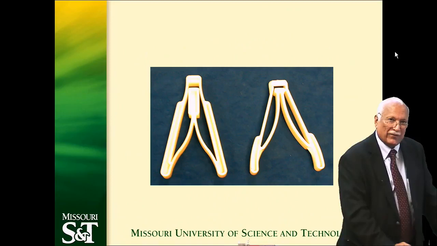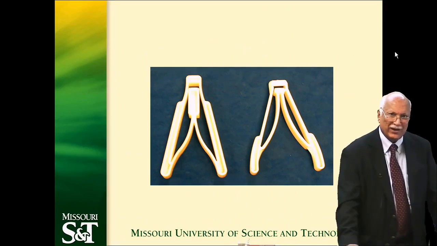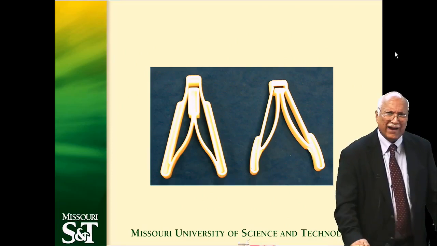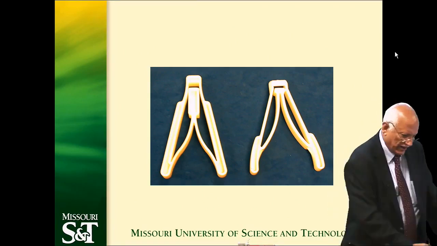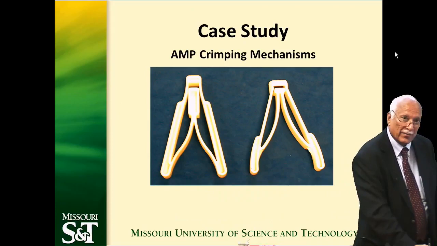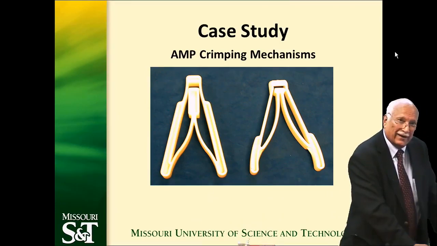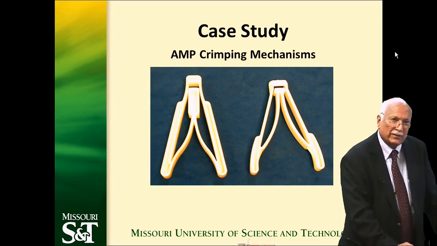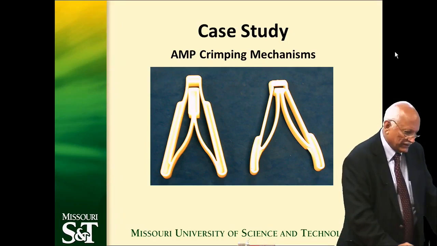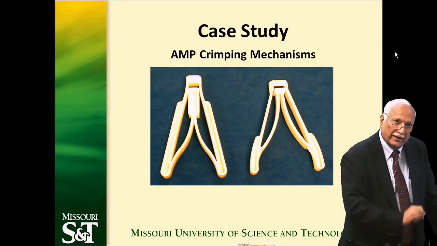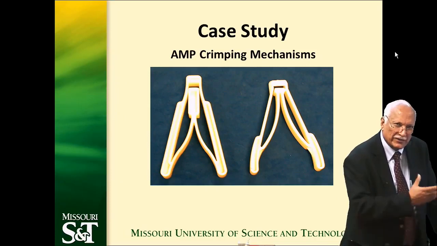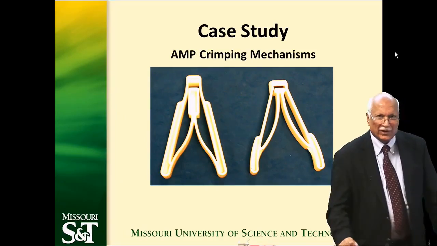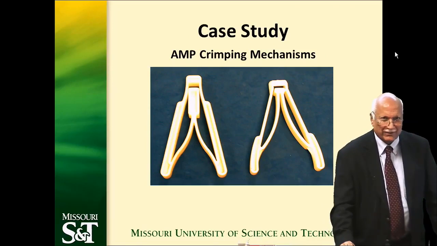Here's an example of a compliant mechanism which has had issues, very difficult to design for high mechanical advantage. I mentioned I'd bring in a case study of the compliant mechanisms, and here are a few of them. Very elusive to predict the performance of such mechanisms, whereas all designers thought that as you squeeze these handles, the crimping action up top would have increasingly high mechanical advantage, which turns out not to be the case in this particular configuration.